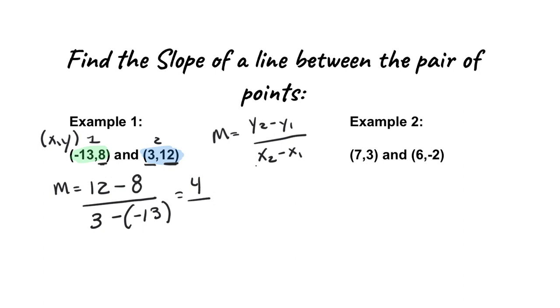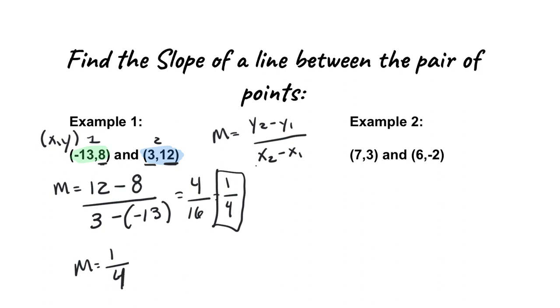If you know what that is off the top of your head, we are adding. So minus a negative, we're going to add, would be 16. 4 over 16. You need to simplify that into the simplest fraction. So that can simplify to 1 over 4. So the slope of those 2 points is 1 over 4. So m equals 1/4.